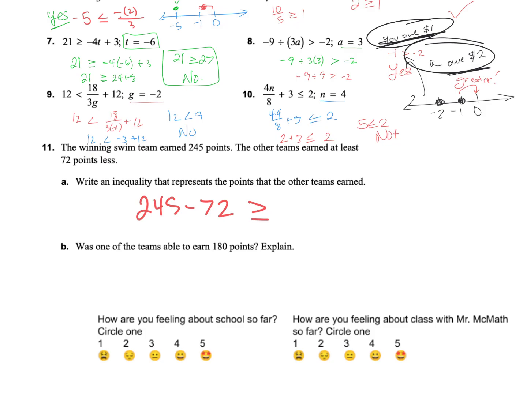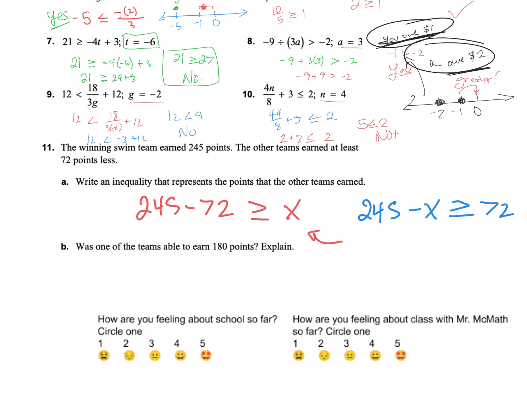So it would look like this, and then this is how many points they scored, right? They could have earned 73 points less and whatnot. But if we look at how the answer is written, they've rearranged it. They've done 245 minus some points is going to be at least 72 points.